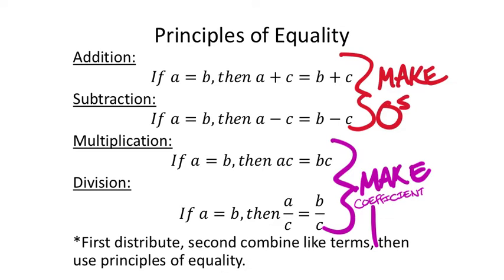So yeah, when we're using the principles of equality, we'll first use addition or subtraction to make zeros, and then we will make ones with the multiplication or division principles of equality.